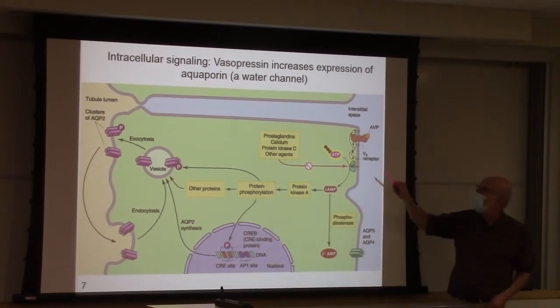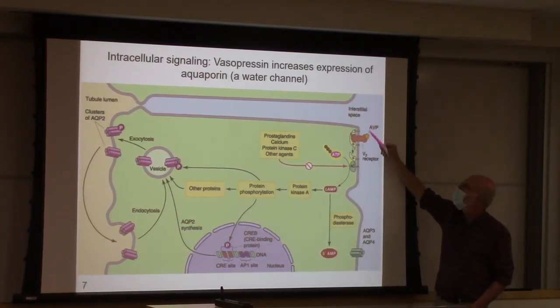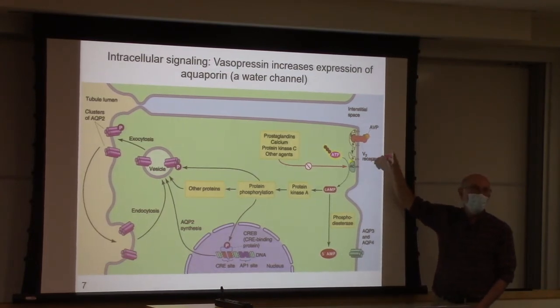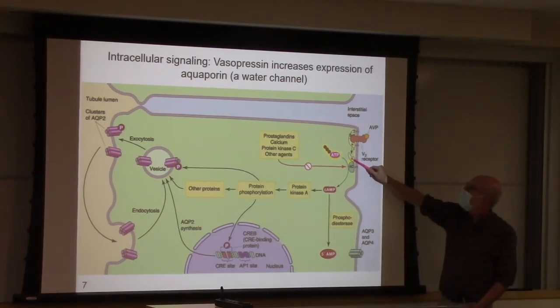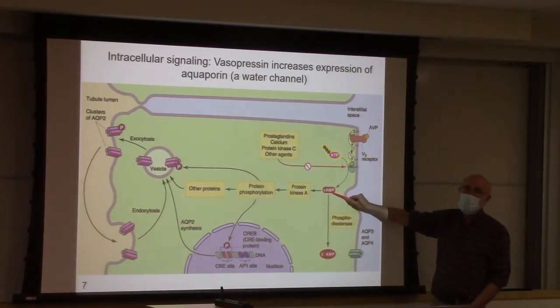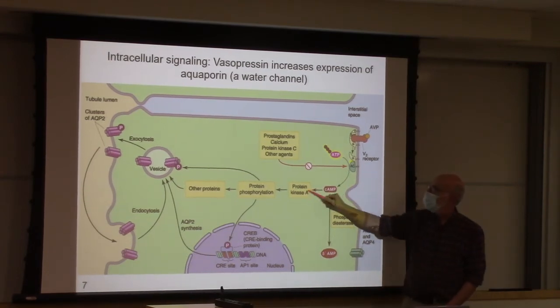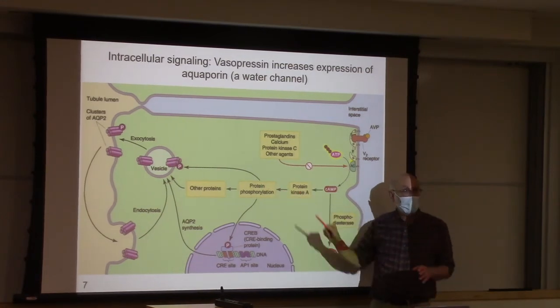I don't need to tell you about it, but there's Gs alpha. What caused Gs alpha to separate from the receptor? Well, binding, conformational change, GDP dissociation, GTP association, it's all the same story. Activated alpha activates adenylyl cyclase. Cyclic AMP binds to regulatory subunits, more catalytic activity, protein phosphorylation, right?